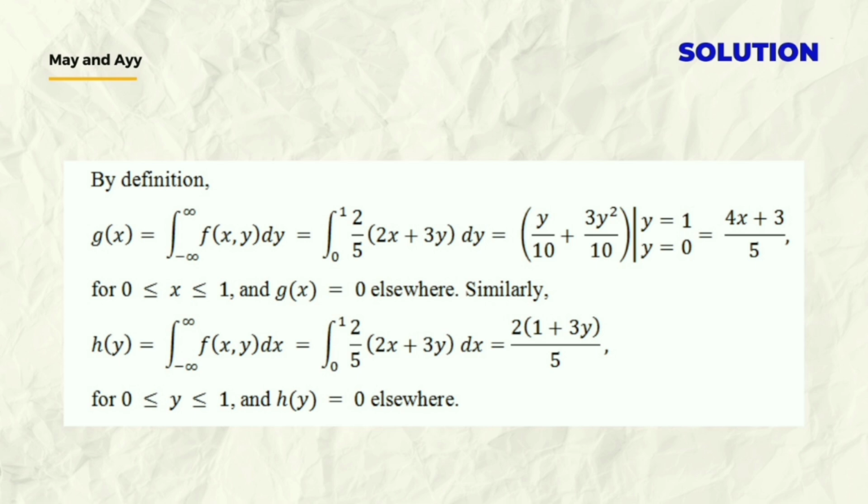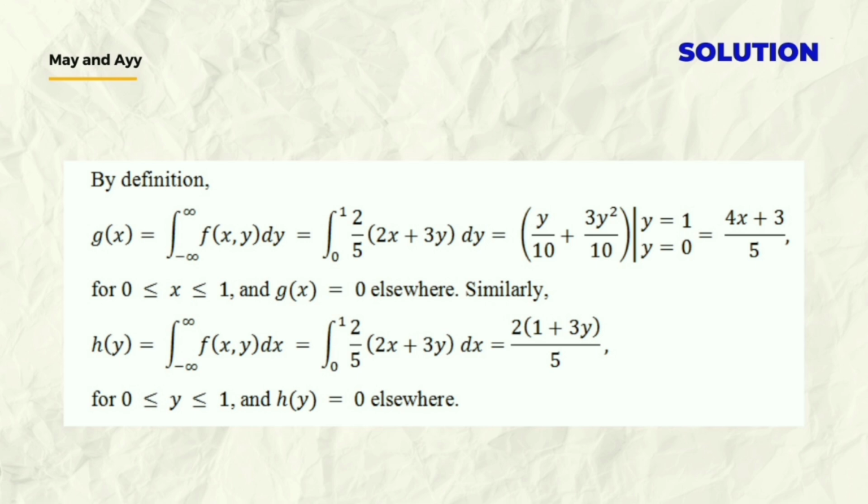We substitute it and find the integration from 0 to 1 of 2 over 5 times (2x plus 3y) dy. We integrate with respect to y, and the result is y over 10 plus 3y squared over 10 for y equals 0 up to y equal 1. Substituting, the result is (4x plus 3) over 5.